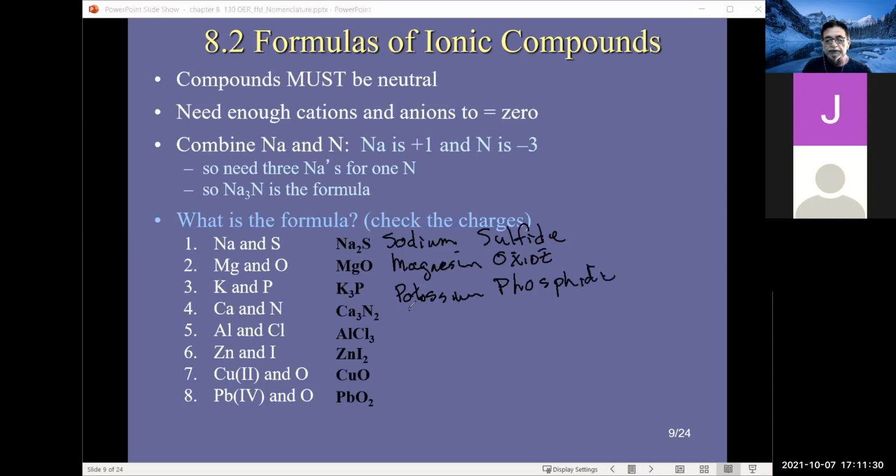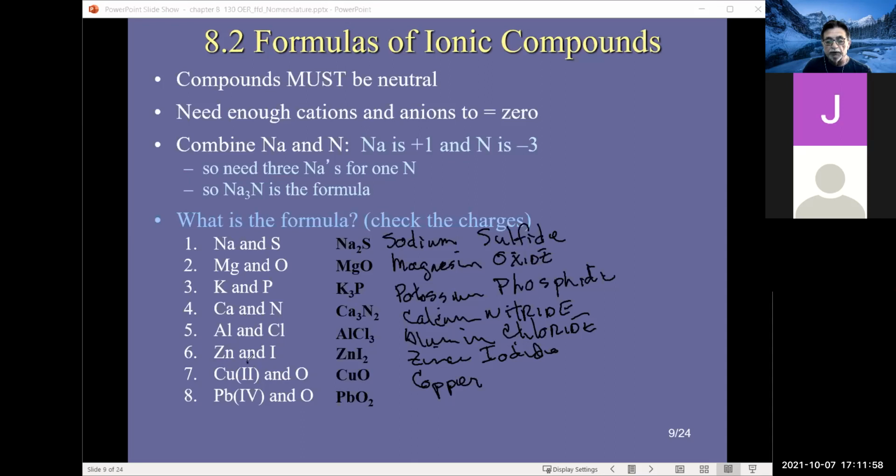And then we got calcium nitrite, and we got aluminum chloride, zinc iodide.